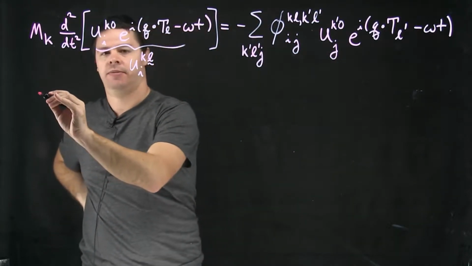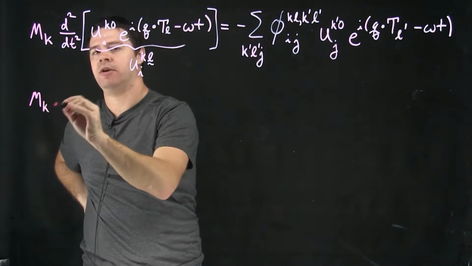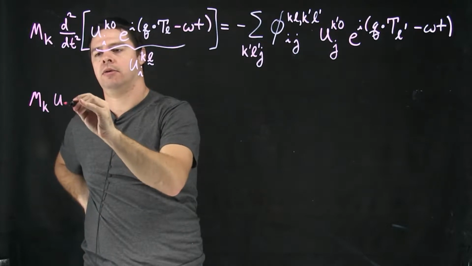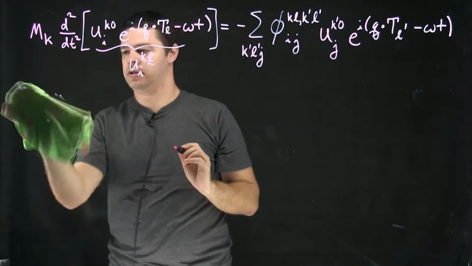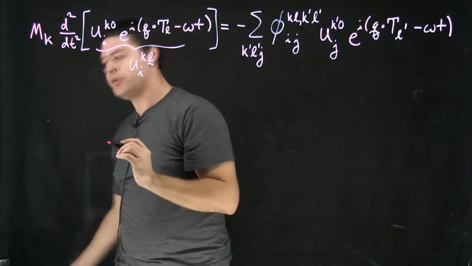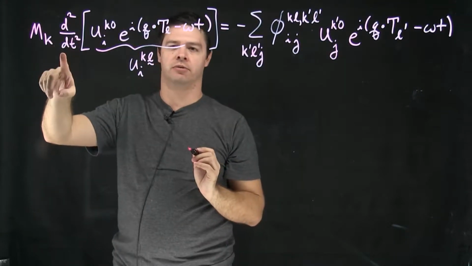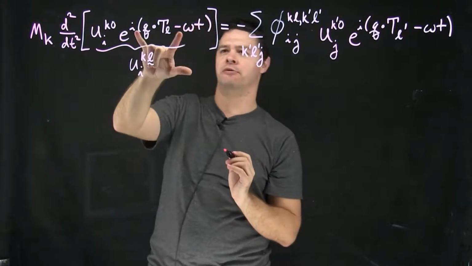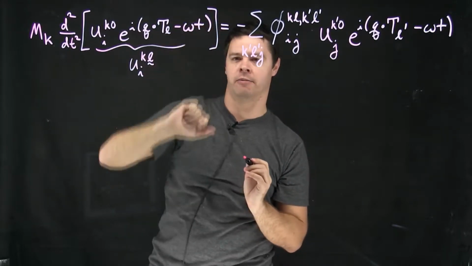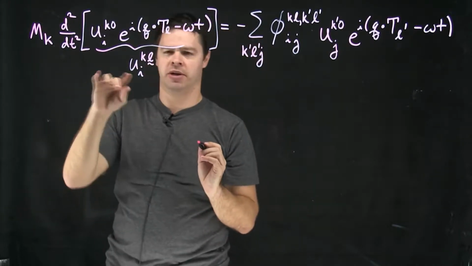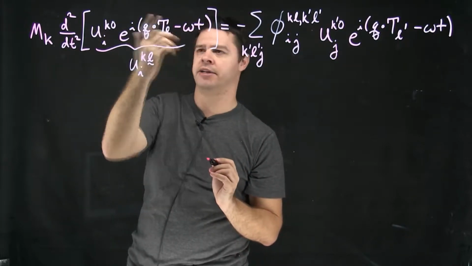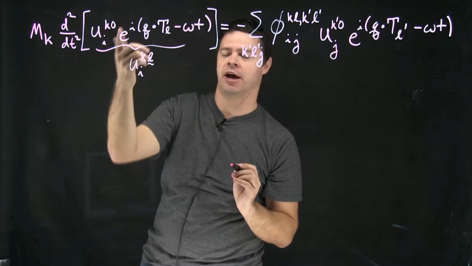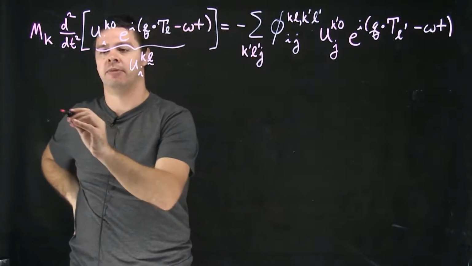So that's m sub k, u, oops, already made a mistake. Let's start over. Okay, so I need to take two derivatives with respect to time. That's going to pop out two factors of minus i omega. Because it pops out two of them, the minus signs cancel with one another, but you have an i squared that produces a minus.